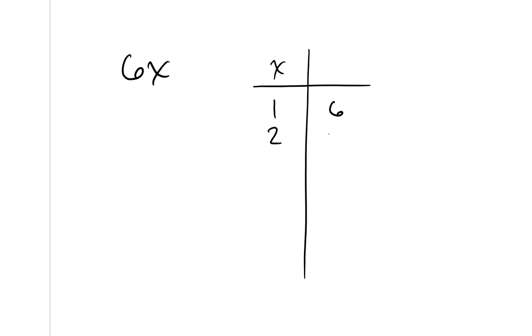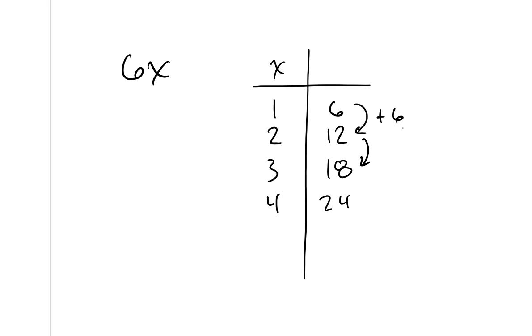So again, when we use multiplication, it shows repeated addition. Think about this. If x is the number 1, I get a 6. If x is 2, I have 2 sixes, which is 12. If x is 3, that's 3 sixes, which gives me 3 times 6 is 18. If x is 4, I've got 4 sixes, which is 24. As I move forward, each time I'm adding an additional 6.